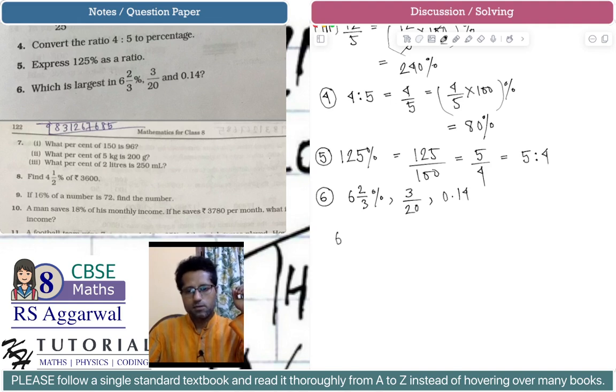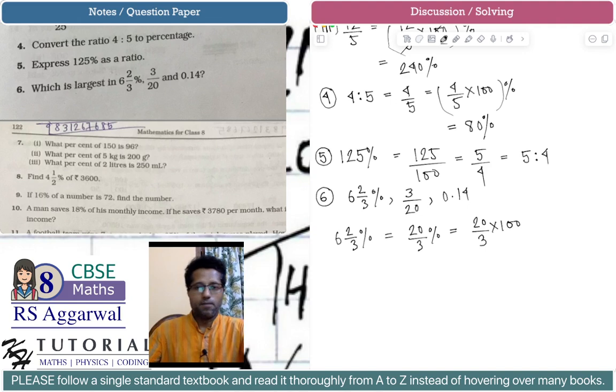So 6 and 2/3 percentage is equal to, first convert the mixed fraction to an improper fraction. This becomes 20 by 3 percentage.